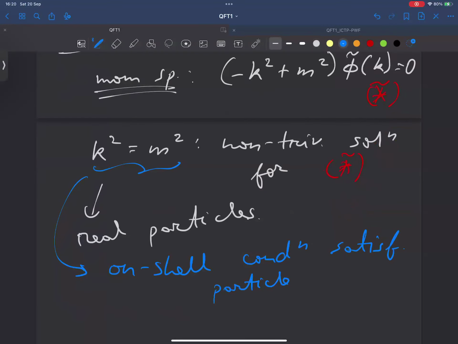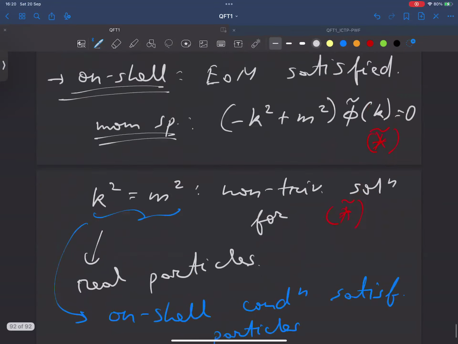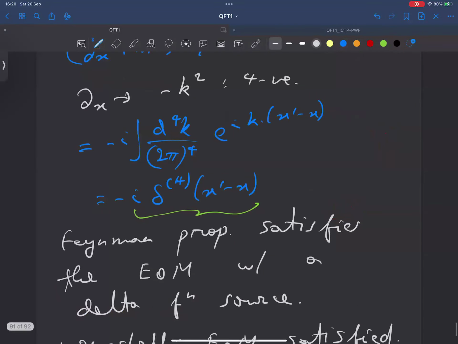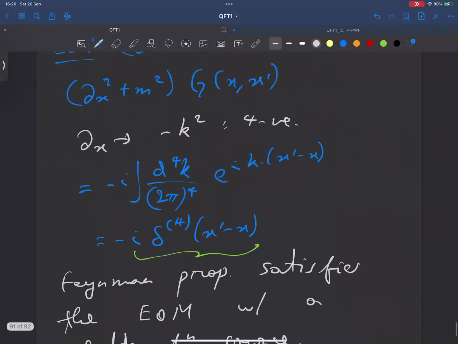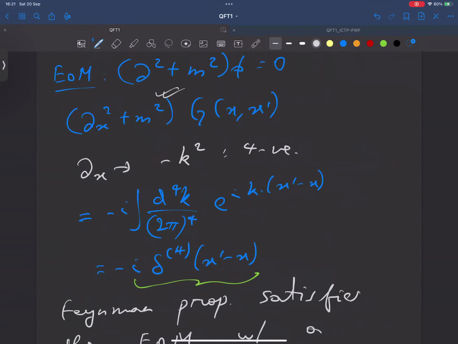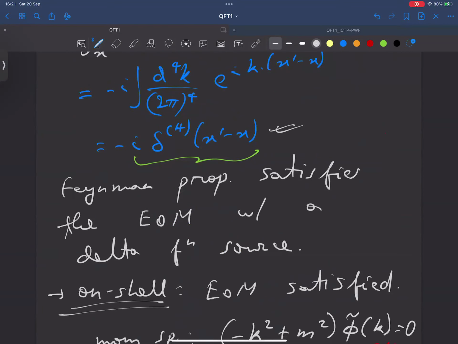Or real particles. Now note that if you act the Klein-Gordon operator on the propagator, you get a source and you don't get 0.